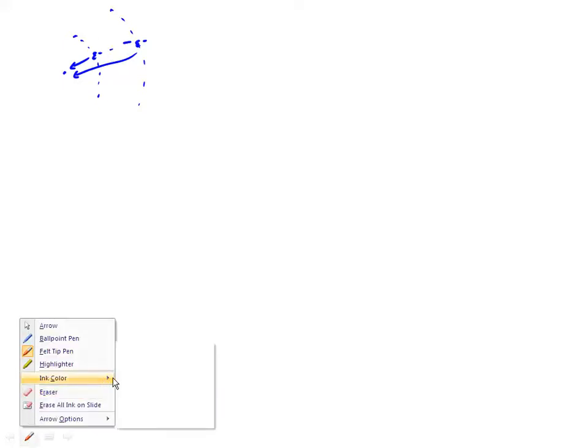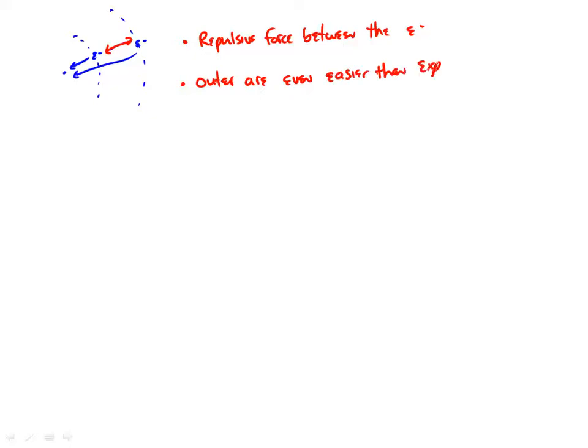Yes, there's a repulsive force, so between the electrons there's a repulsive force. This leads to the fact that the outer electrons are even easier to remove than expected, because they're being shielded by the inner electrons. So basically, inner electrons shield outer electrons.